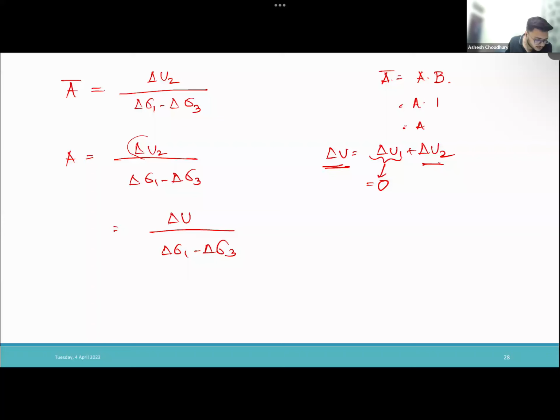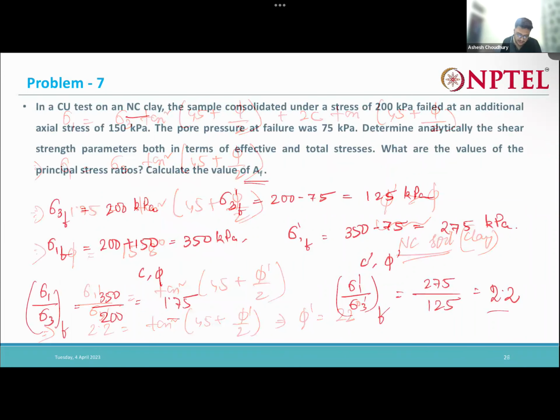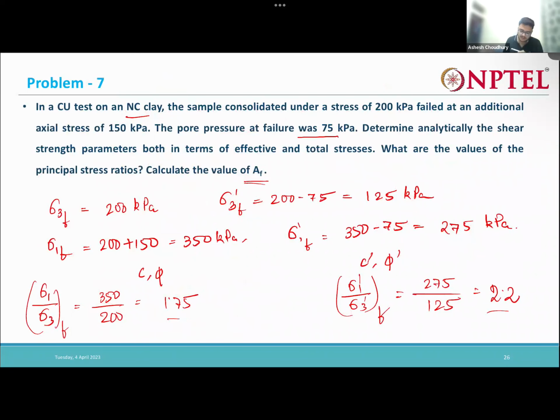Now what is delta U? Let us see. We need to calculate it at failure. Let us write failure. So how much does the pore pressure increase? It is given in the question. The pore pressure at failure was 75 kPa, right? When was this 75 kPa? When this additional stress was 150 kPa.